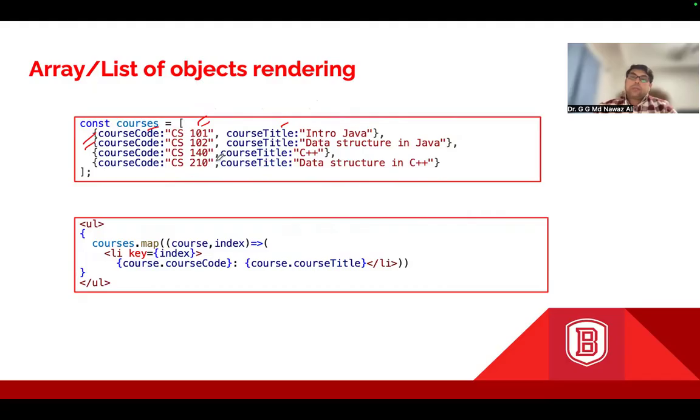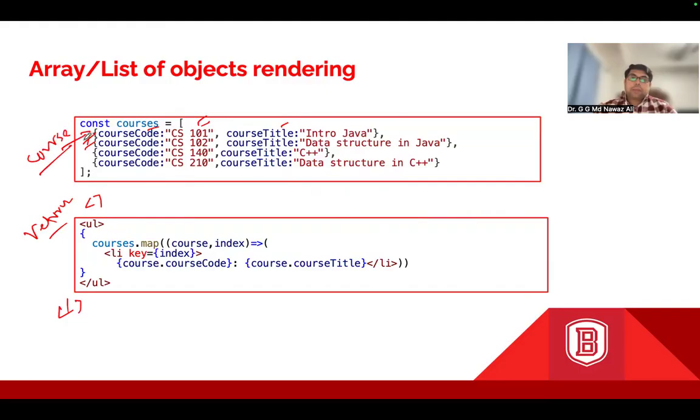How can we render them? In the React component, it must be inside the return statement. So inside the return statement, you write course.map, and then you get the course, where the course indicates each of the objects.